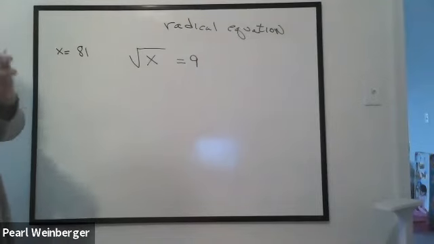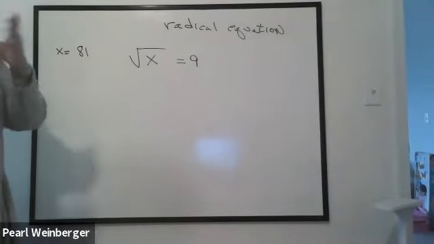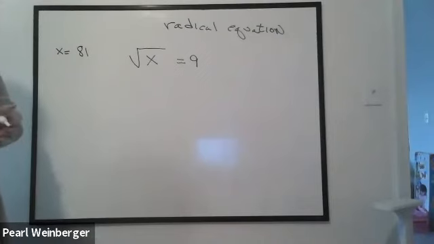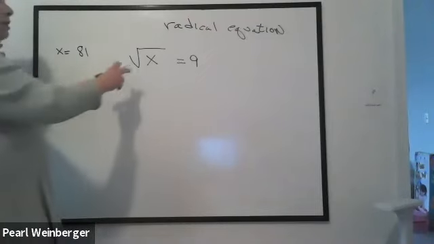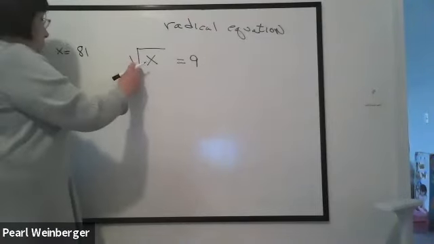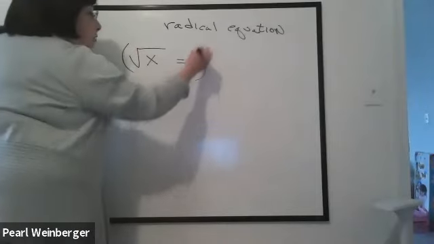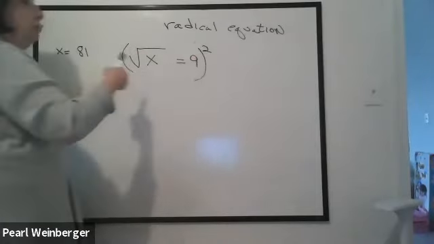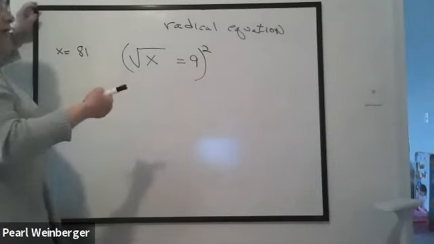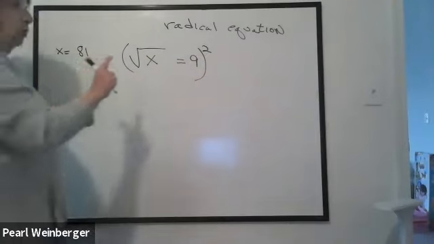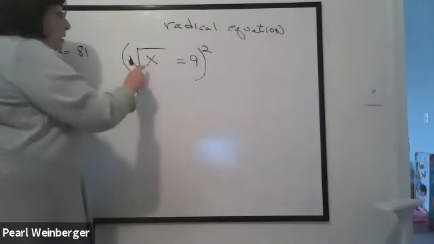In other words, every time I want to undo what happened before to get my x alone, I'm doing the opposite operation. Well, over here, the operation is the square root. So therefore, in order to get the answer, I should do the opposite operation, and that's squaring, multiplying by itself. Now let's see what happens when I square.